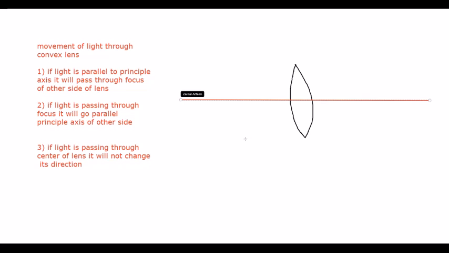We call that the principal axis. On the principal axis, there are always two points, focus and 2f, f and 2f. And there is a center of the lens, which is called the optical center.